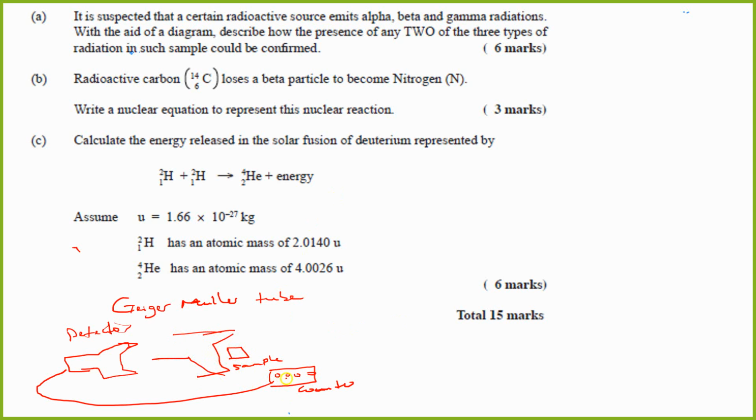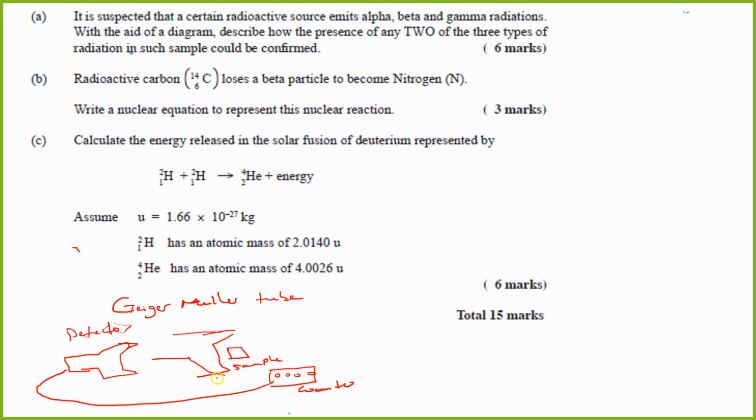By way of detecting a lot of count rate, it means that you're obviously detecting a radiation that travels in a very short distance, right? So that would possibly be alpha particle, because alpha particle does not travel very far through the air. It probably travels maybe 2 centimeters in air or so.